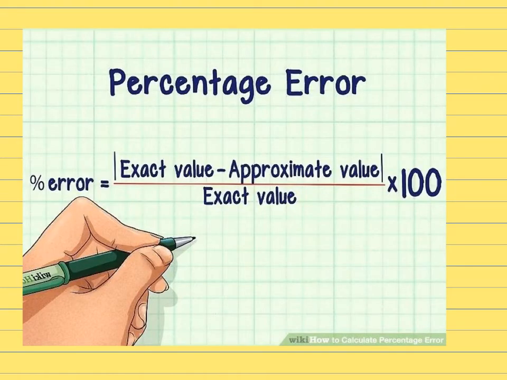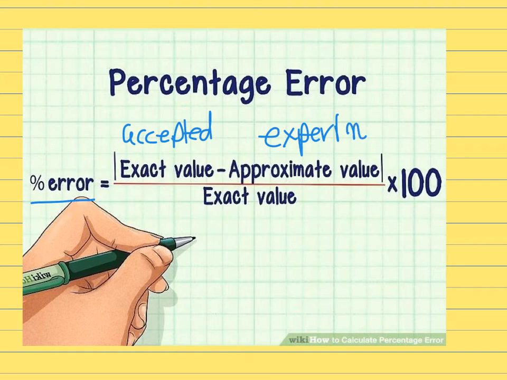So here's the equation for percent error. It is measured by taking the accepted value minus the experimental value, divided by the accepted or the exact value again. You take this whole thing times 100.